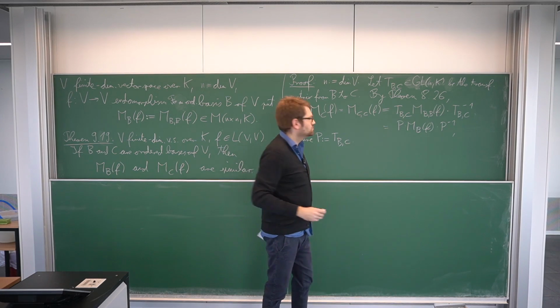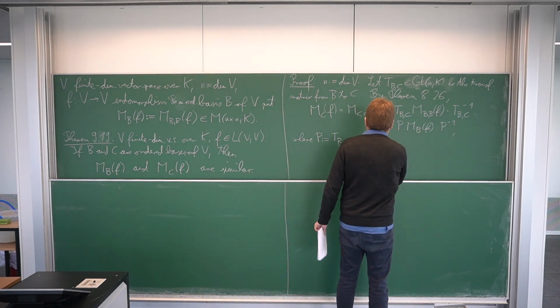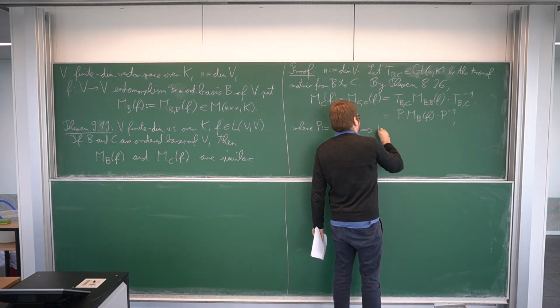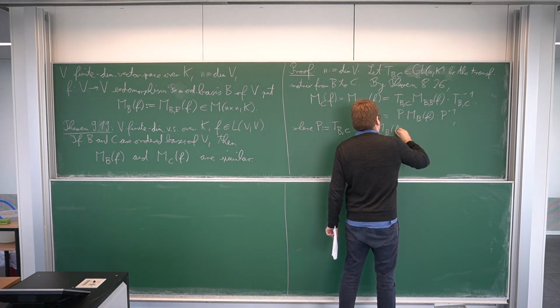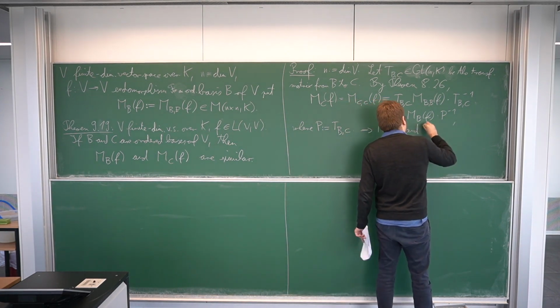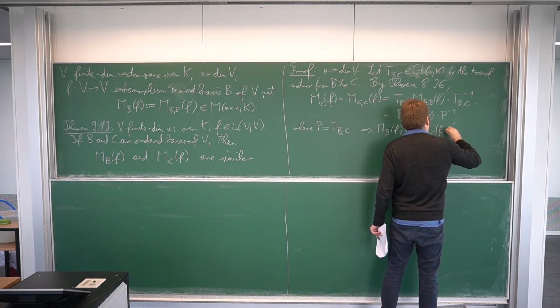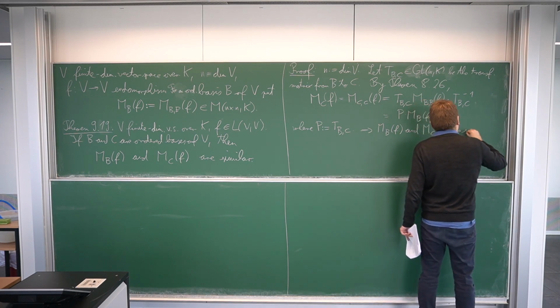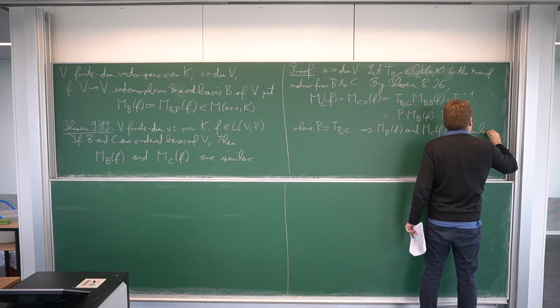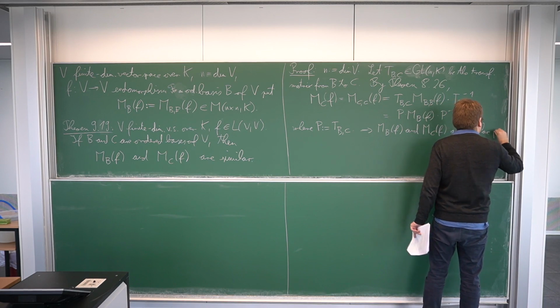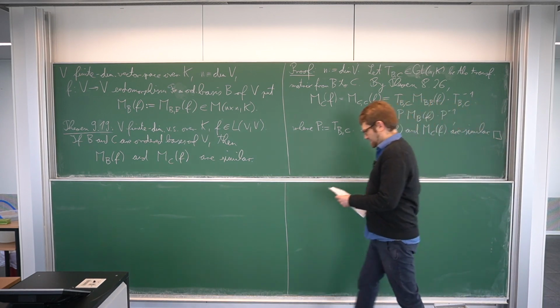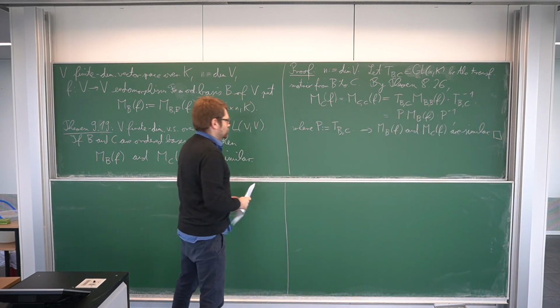P is invertible. This is just by definition of similarity. This means MBF and MCF are similar. And this is what we wanted. So this is good news.